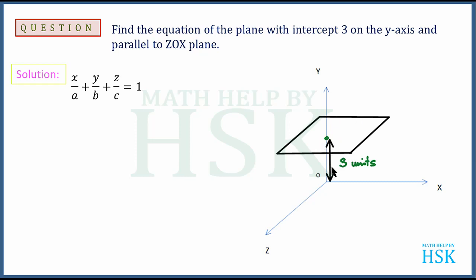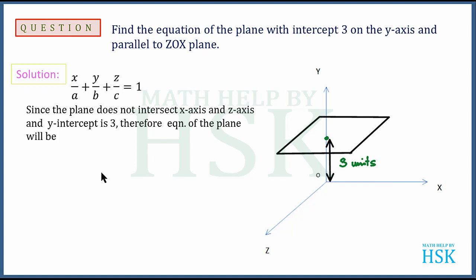So the y-intercept is equal to 3. Because the plane is parallel to the z-axis and x-axis, it is not going to intersect them. Therefore the equation of the plane would be 0 plus y upon 3 plus 0 is equal to 1, or y is equal to 3. So this is the required answer.